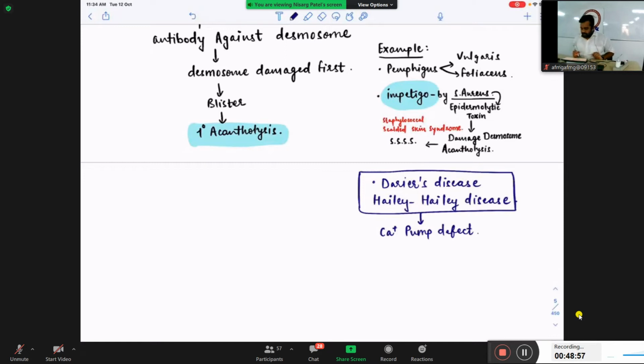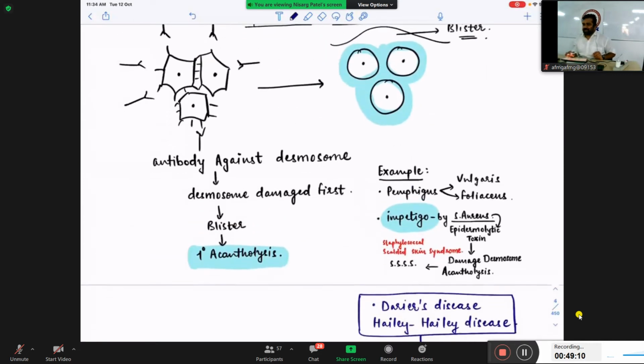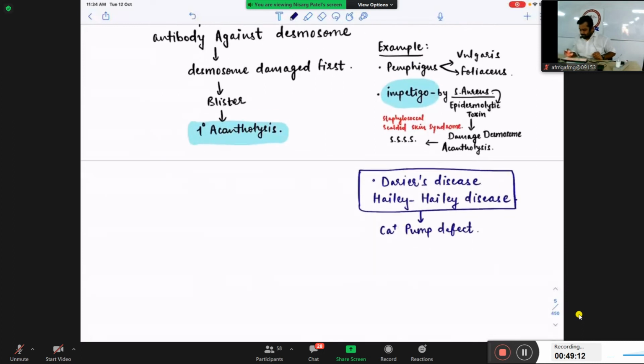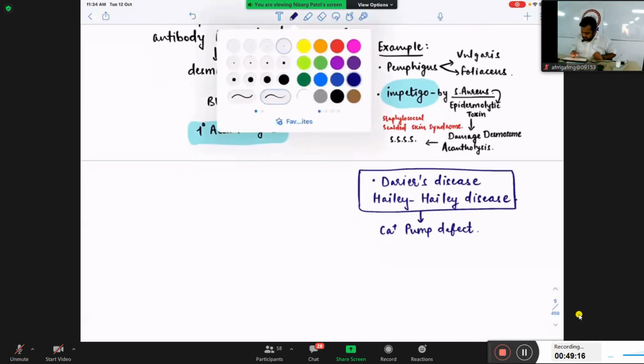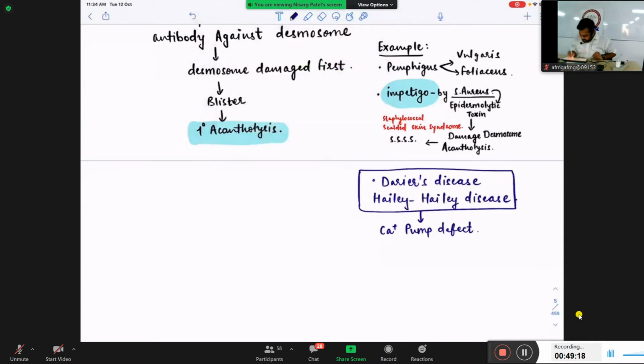Pathogenesis, a little bit: calcium pump defect, because desmosome requires calcium for the tight connection. If they are weak, what will happen? The cell will get separated, right? So Darier's disease and Hailey-Hailey disease, the diseases are different. We will discuss it later.